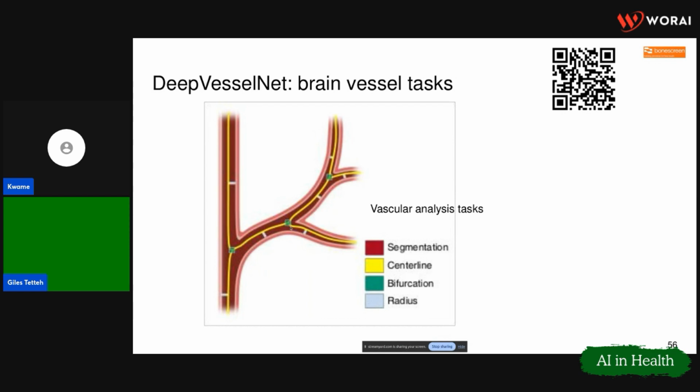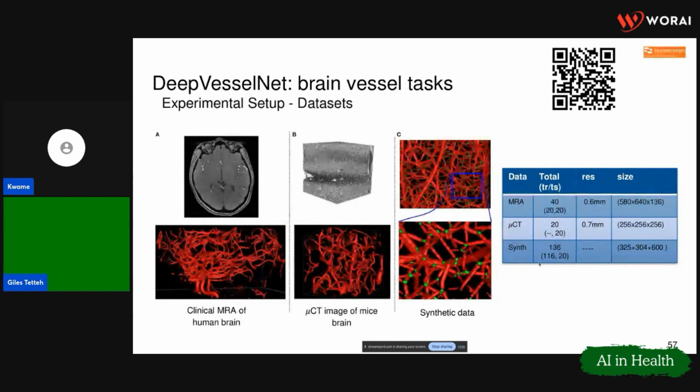Bifurcation is basically the point where the vessels separate into two or more mini vessels. So at that point, we say we have a bifurcation. And then also predict the radius of the vessel.